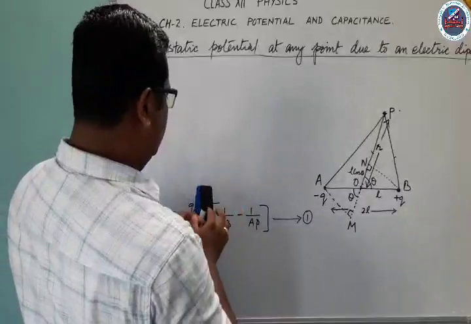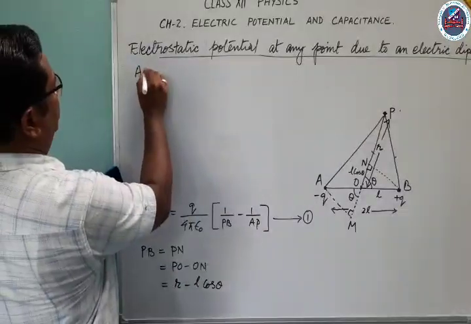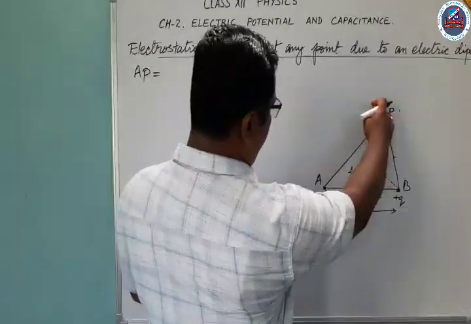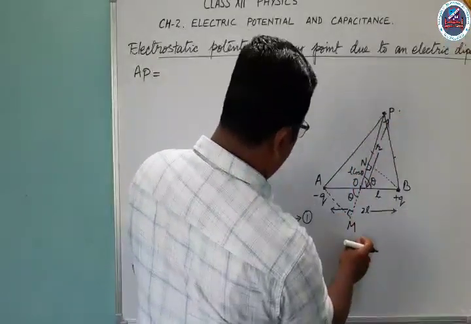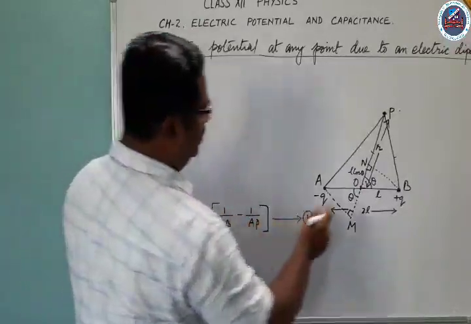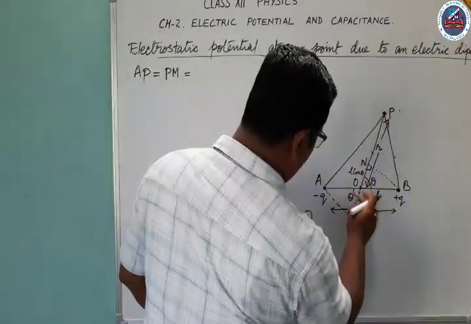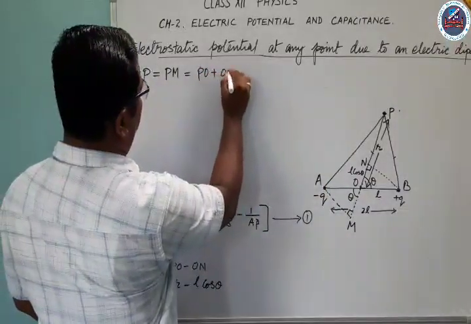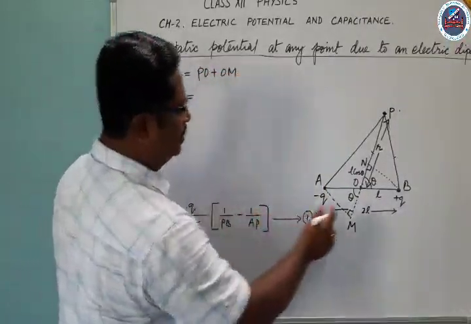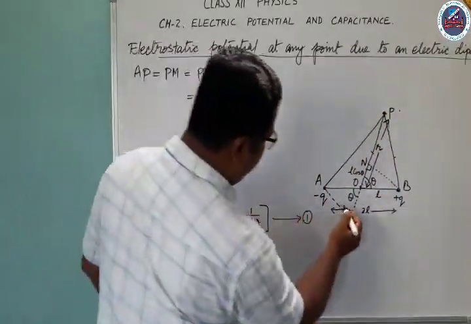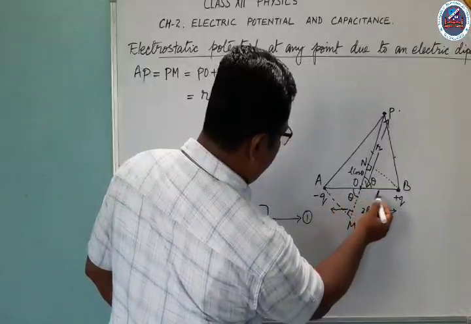Let us see how much is AP. AP will be equivalent to PM. PM here is PO plus OM. PO is equal to R, and OM you can also find in a trigonometric way.